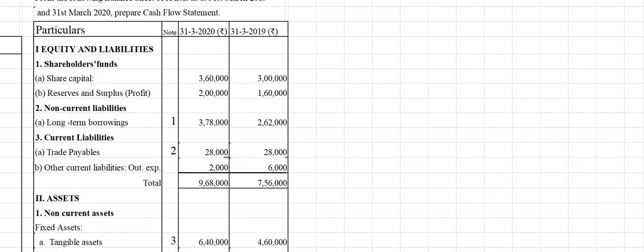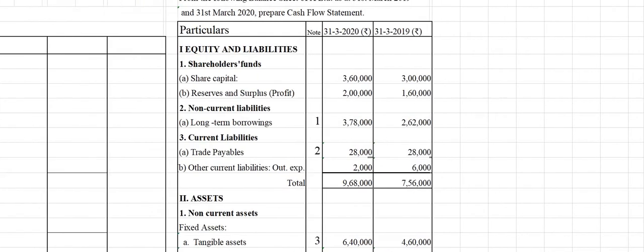That means last year 1,60,000 was the profit, this year it is 2 lakh. That means the profit of this year is 40,000. Okay, that 40,000 is the profit.